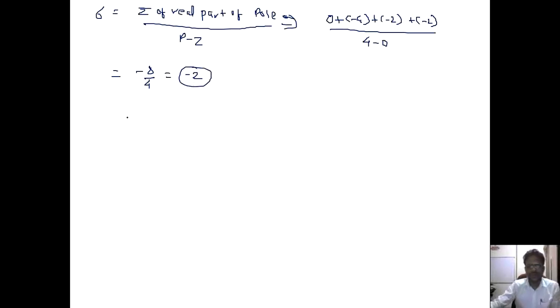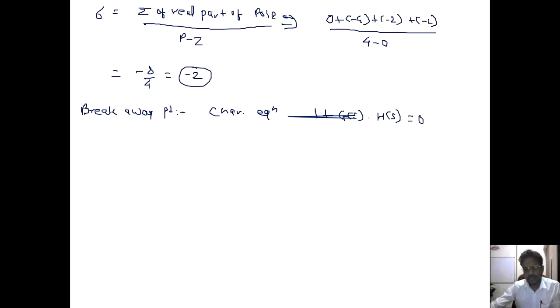Okay, now what is next? Next is breakaway point. For breakaway point, the first step is the characteristic equation, and that is 1 plus g of s into h of s equal to 0.